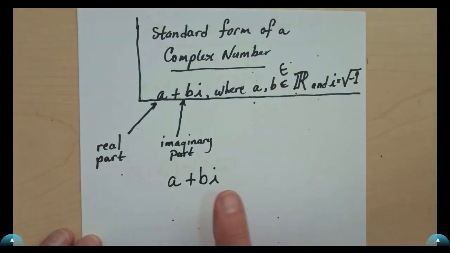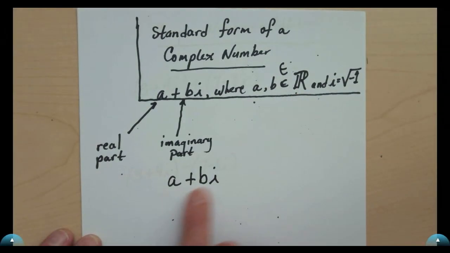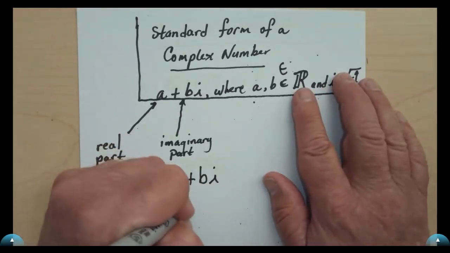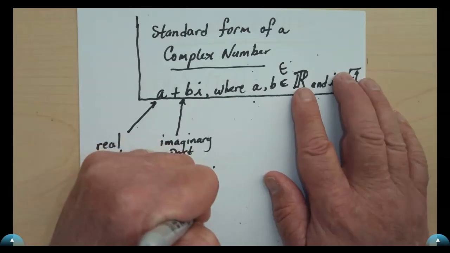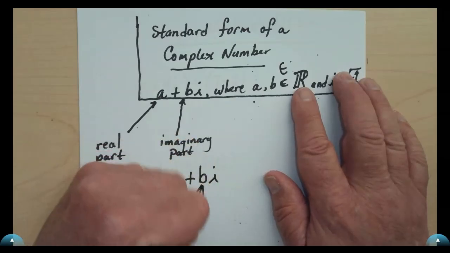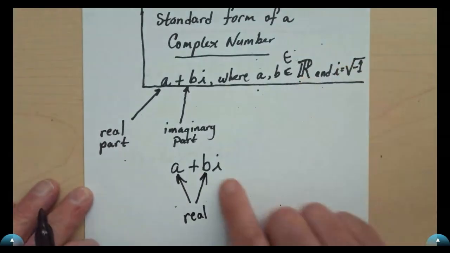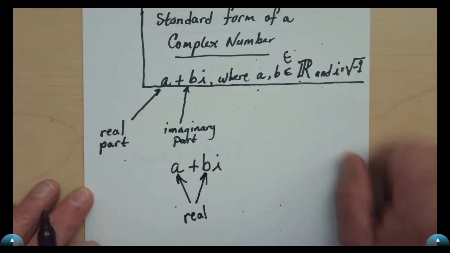So a complex number looks like a plus b times i, where a and b are each real numbers. And of course, i is that little symbol that means the square root of negative 1.